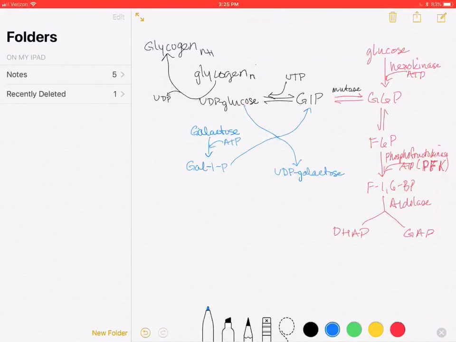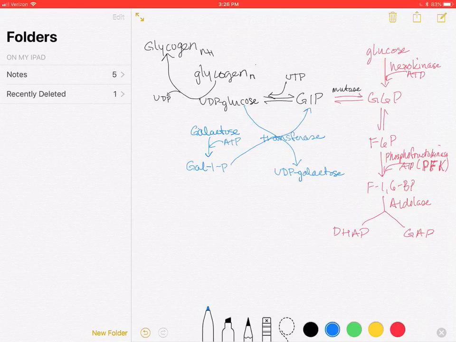So notice that UDP glucose becomes UDP galactose, and galactose 1-phosphate becomes glucose 1-phosphate. The enzyme that does this is a transferase, called galactose 1-phosphate uridyl transferase. So this is a transferase that catalyzes this reaction.